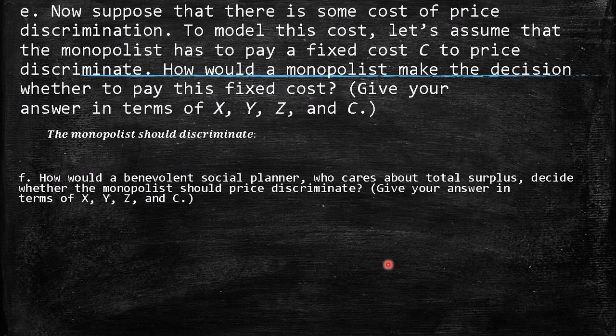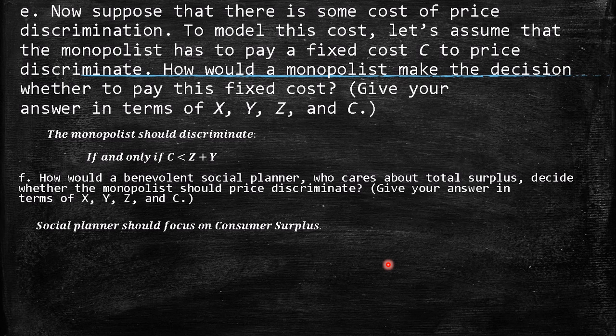Give your answer in terms of X, Y, Z, and C. So the monopolist should discriminate only when C, this cost, is lower than Z plus Y. It means lower than the consumer surplus plus the deadweight loss, because otherwise, if this cost is higher, it's better to keep the condition where the monopolist didn't discriminate.